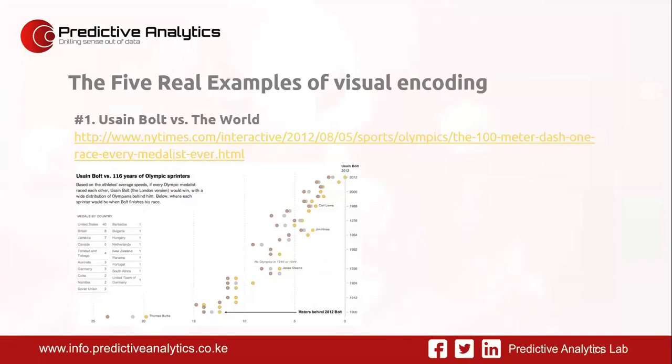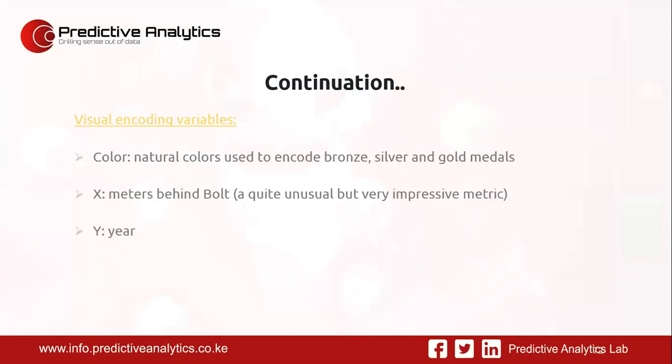So let's start with the first one, the one on Usain Bolt, the New York Times Interactive. The encoding variables that were used for this visual were color. So natural colors were used to encode bronze, silver, and gold.